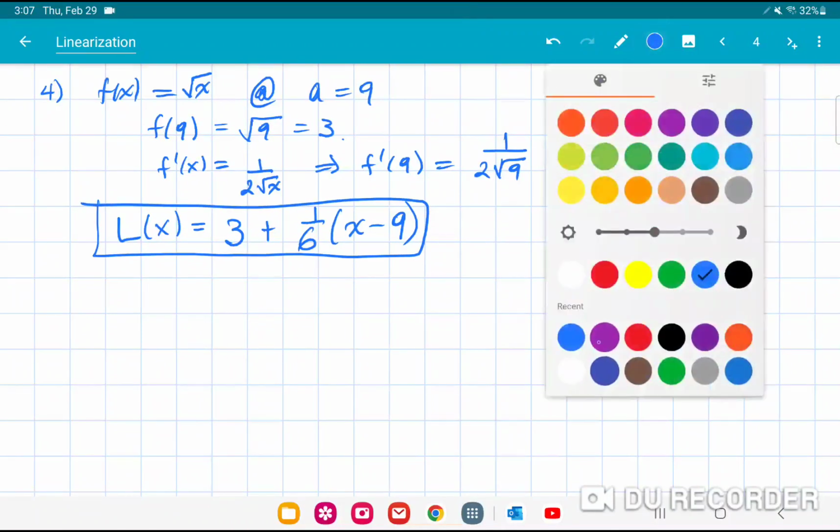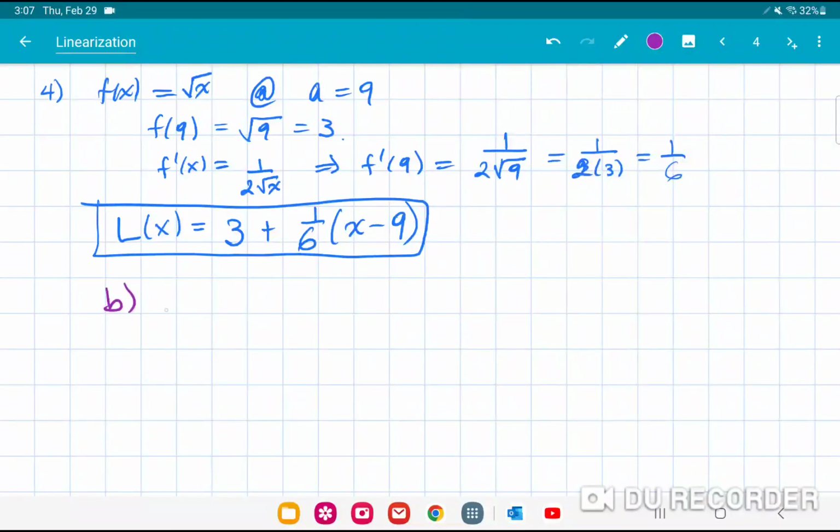But let me add a part B to this. So we're going to approximate the square root of 9.1. Okay, I just want to approximate the square root of 9.1 using linearization.